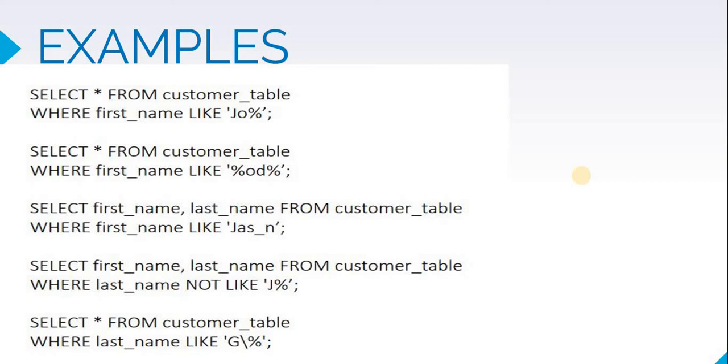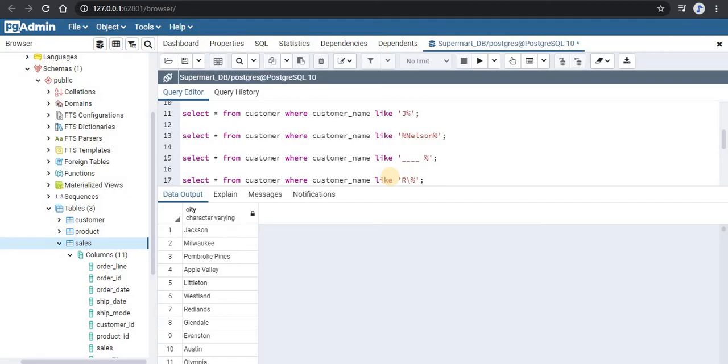So if you want this percent symbol to be considered as a percentage symbol, you will need to use this backslash, which is called an escape character. So if you run this query, select star from customer where customer name like R backslash percent, it will actually find the customer which have a name of R%. Since we do not have any customer like that, I just wanted to show you this example. So we'll not be running this query.